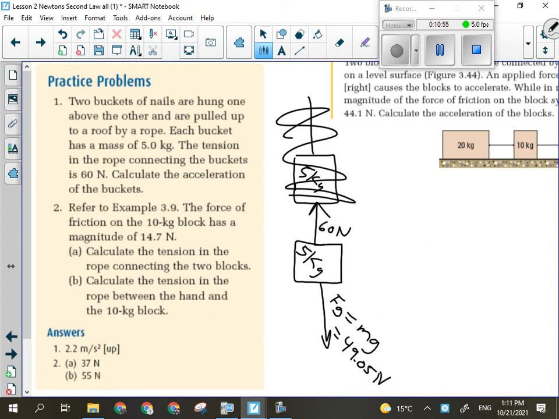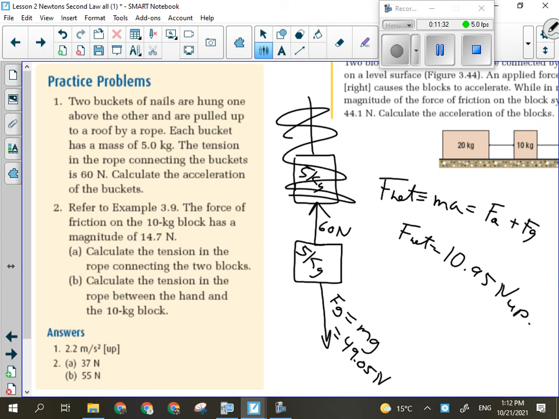What can I calculate now? I can calculate F net, and it also equals the vector sum of all forces, so applied force or tension plus the force of gravity. I just want the acceleration here, so I'm going to divide by m. First off, 60 plus negative 49.05, and I get that F net is 10.95 newtons up.